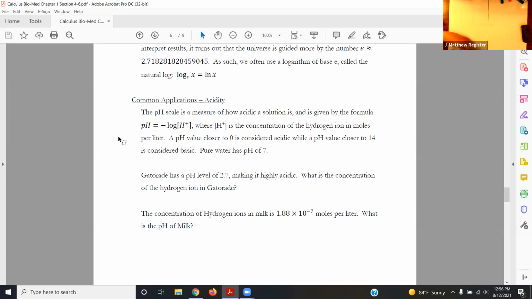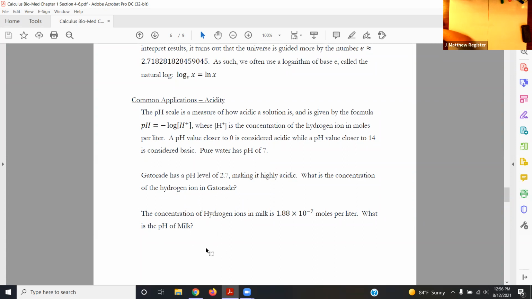For those of you who have done chemistry, you should understand that perfectly. For me, it's been a while since I've done chemistry, so usually I defer to our chemists. Water has a pH of 7, and then you can make things more acidic by giving it a lower pH value, and you can make it more basic by making it have a higher pH value.